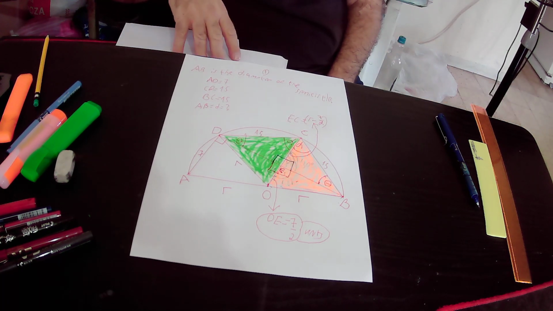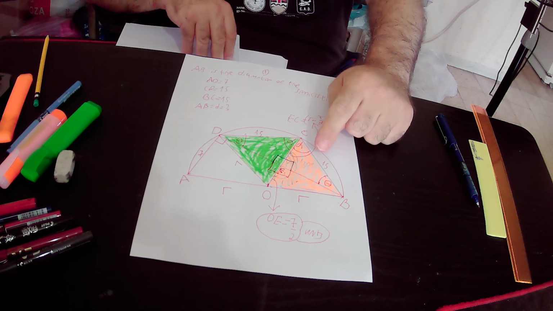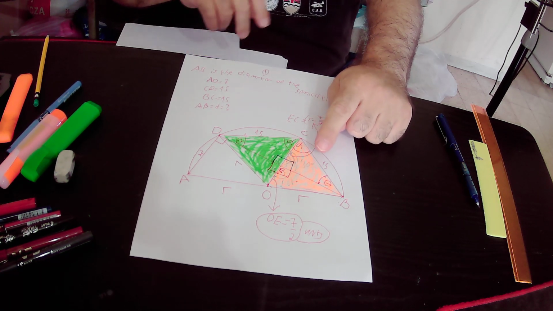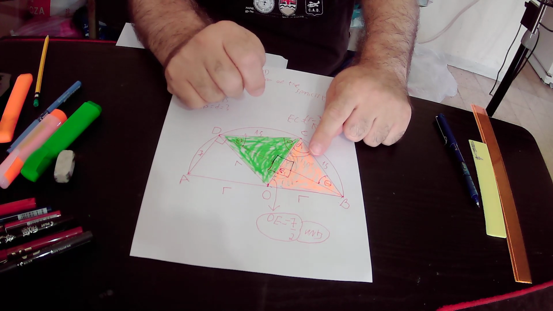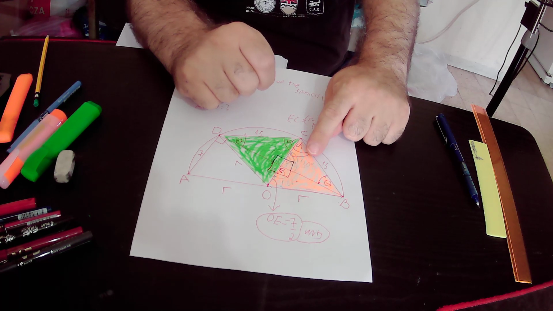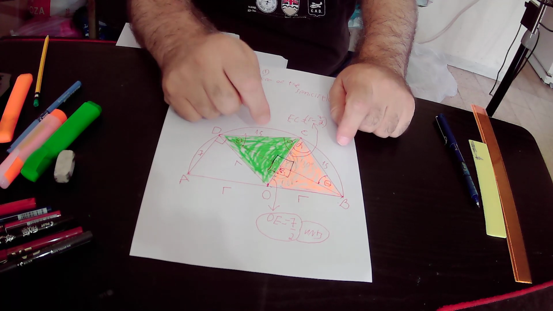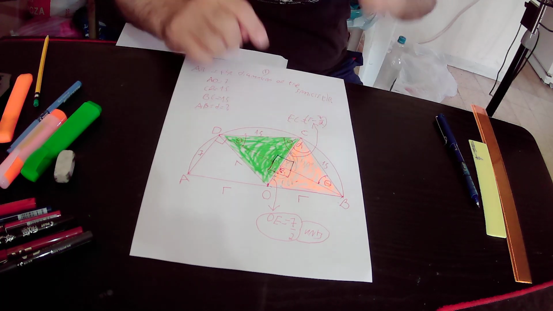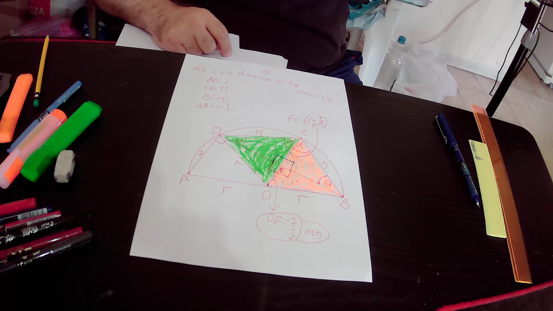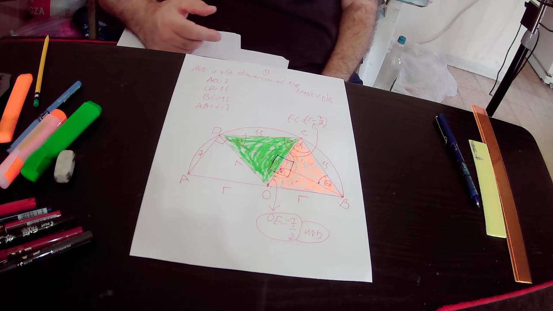And then we focused on the orange triangle. We defined this point as E, and we focused on the orange triangle, triangle CEB, and we also focused on the green triangle, triangle CED. In those two triangles, we know that CB equals DC equals 15 units in their size.